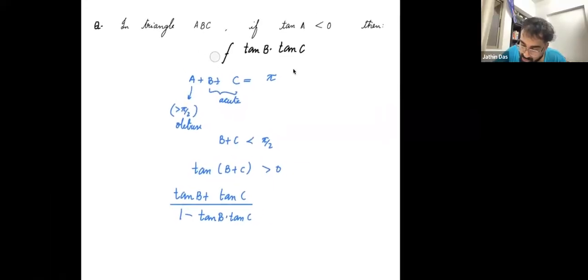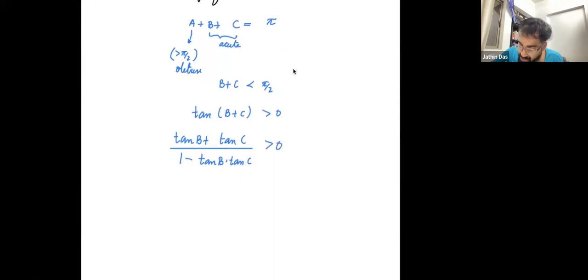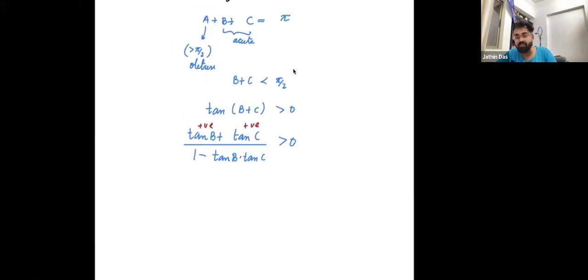Sorry, I was talking about the sign of 1 minus tan B tan C, that is tan B tan C minus 1. Otherwise tan B tan C is positive, because both tan B and tan C are acute. So this is greater than 0. You know this is a positive term and this is a positive term, because they are acute angles.